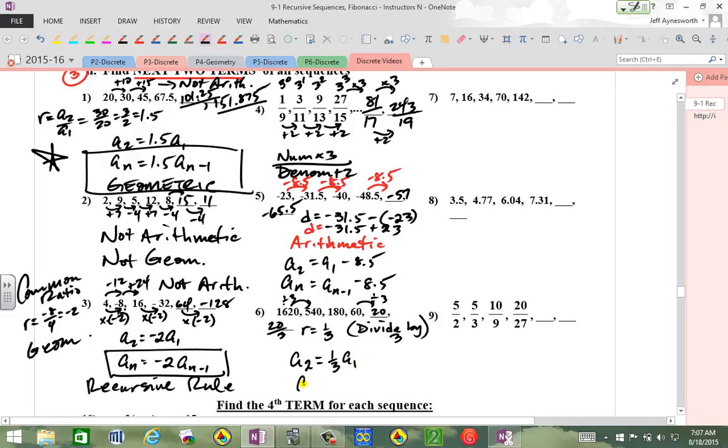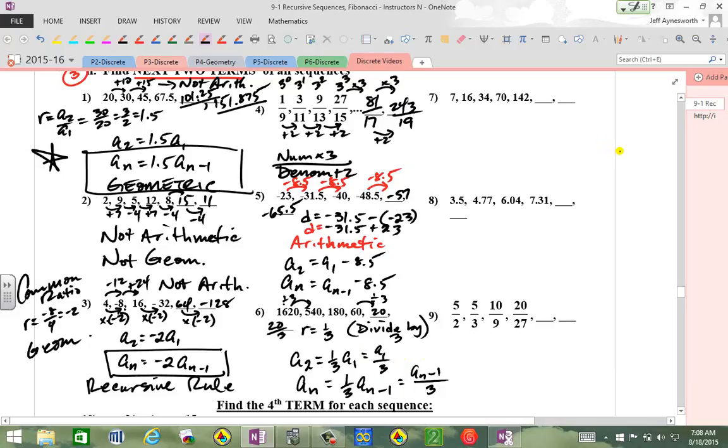In general, any nth term here, any term I want, is found by taking the one before it and dividing by 3 or multiplying it by a third. When you multiply by a third, you're dividing it by 3. Another way to write it is a sub n minus 1 divided by 3. You can write it like that too. Or you can take a sub 1 divided by 3 like this. You can write it either way.